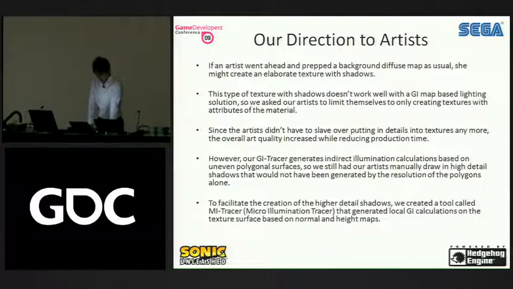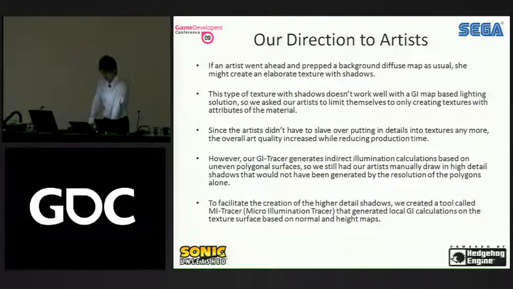Artists do not need to create any more textures like that, so they could increase the quality of their deliverables, but spend less time. However, our GI tracer generates indirect illumination calculations based on uneven polygonal surfaces, so we still had our artists manually draw in high detail shadows that would not have been generated by the resolution of the polygons alone.